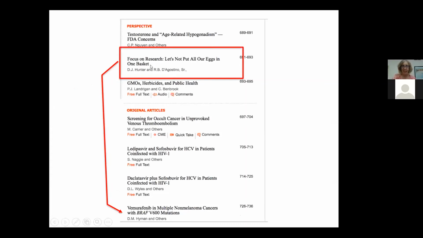And the basket is a play on words because it's a clinical trial called a basket trial. So we're going to focus on these two papers in the next little bit of this talk. But this is a perspective talking about this research article here. And so that's a good way to find a paper that's of interest.